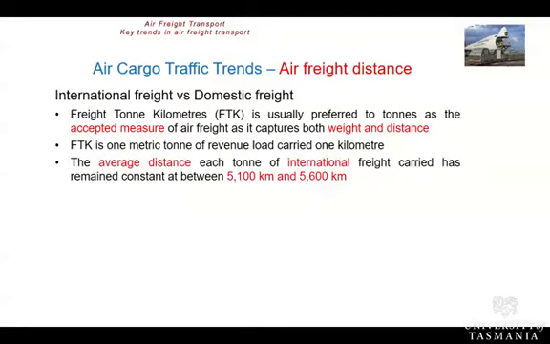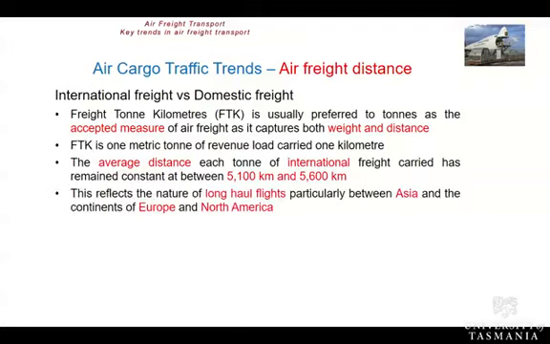Now, the average distance per tonne of international freight carried has remained constant for a relatively long period of time, and it sits at over 5,000 kilometres, so between 5,100 and 5,600 kilometres.